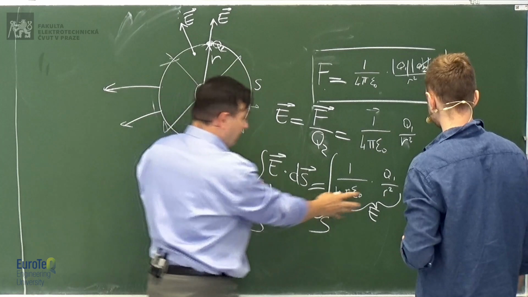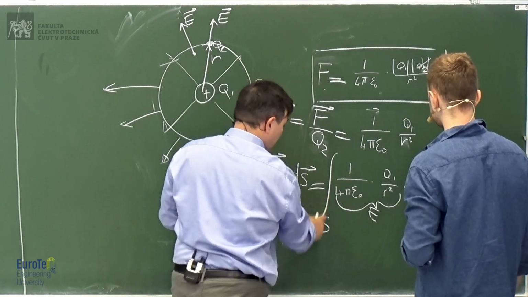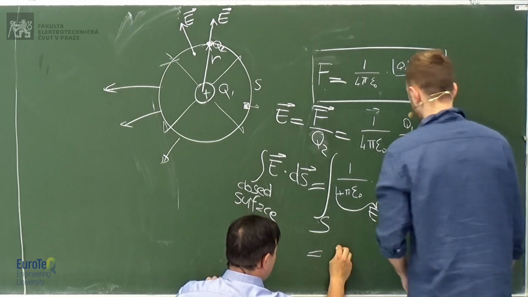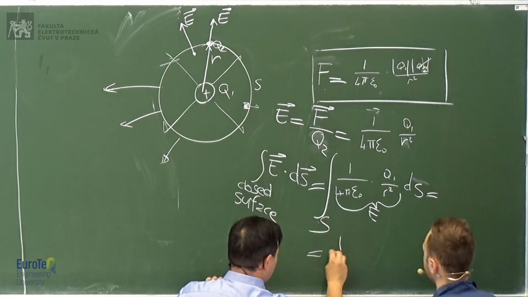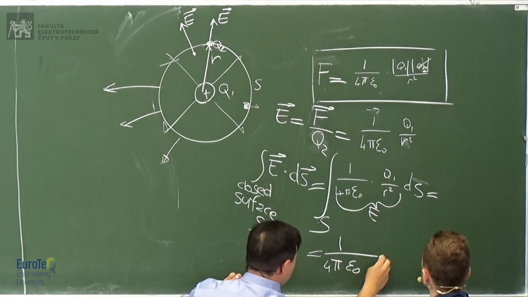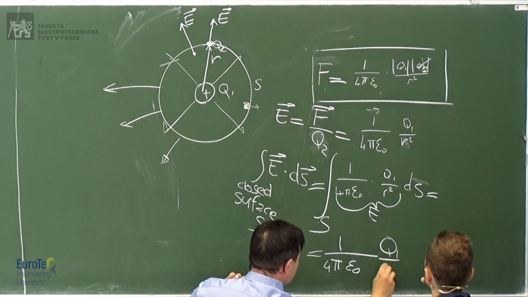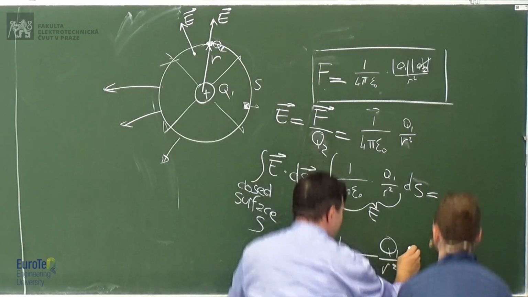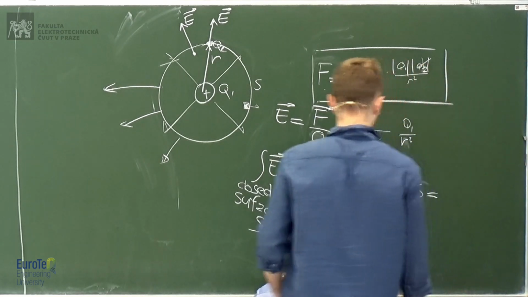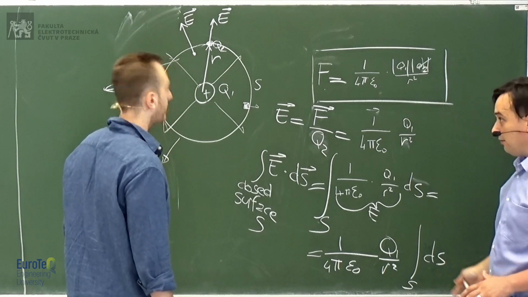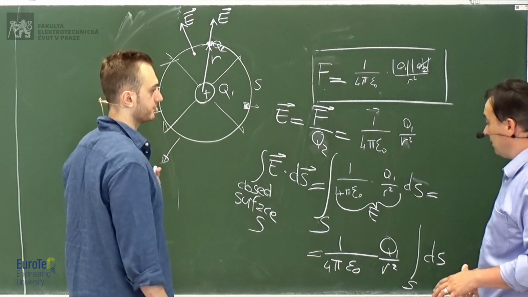So if you get this constant out of the integral, you just pull it out, so it's 1 over 4 pi epsilon 0, Q1 constant, over r squared. Then you are left with the integral of dS over the surface, and then we just get the surface equation for a sphere.